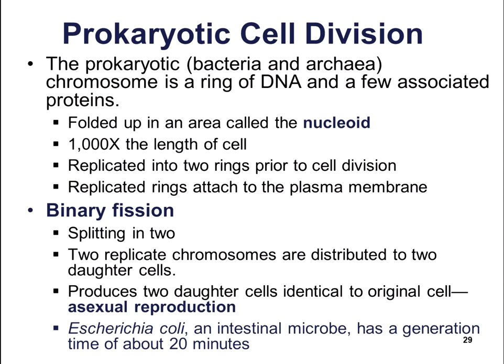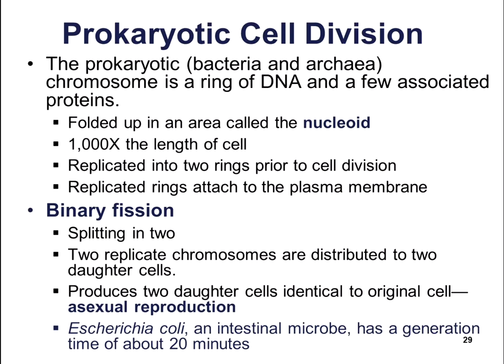It is folded up in an area called the nucleoid. So remember, the prokaryotic cell is set up differently than the eukaryotic cell. It doesn't have what we call a true nucleus. Therefore, it undergoes cell division a bit differently than the eukaryotic cell.